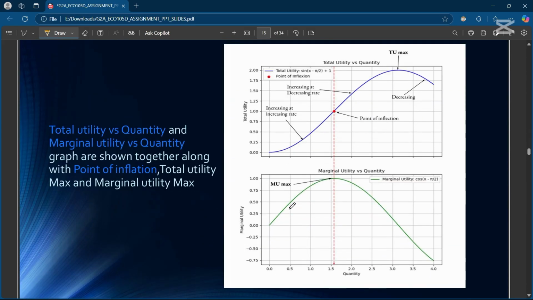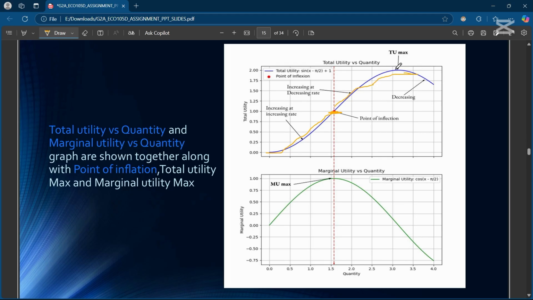Now the interesting thing, the TU graph. The TU graph is firstly increasing at increasing rate. This portion is increasing at increasing rate. This is the point of inflection. And after that it is increasing at decreasing rate, like this way.